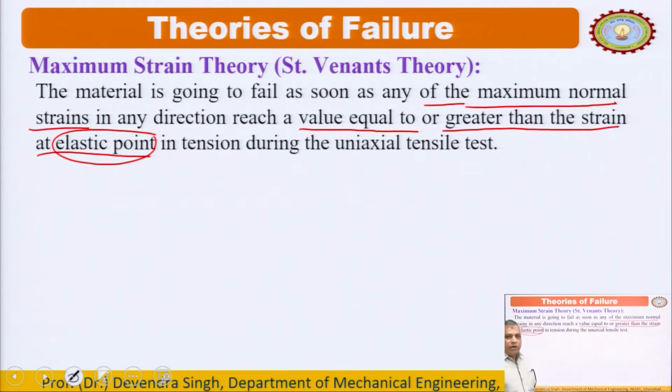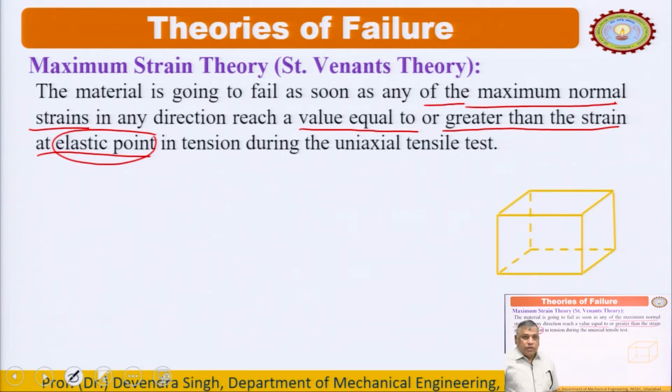This is the statement. So, if I denote the strain by epsilon, epsilon 1, epsilon 2, epsilon 3 are the strains in the direction of, or caused by, the stresses sigma 1, sigma 2, sigma 3, these are the principal stresses.